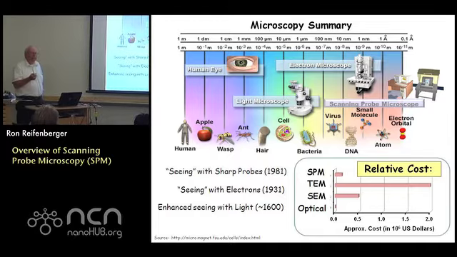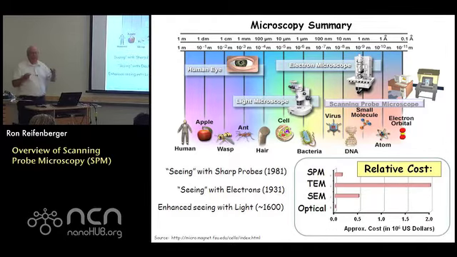So all of a sudden, the electron microscopes, which start to lose resolution at the nanometer length scale, were complemented with these scanning probe microscopes that were ideally suited to see things below a nanometer.